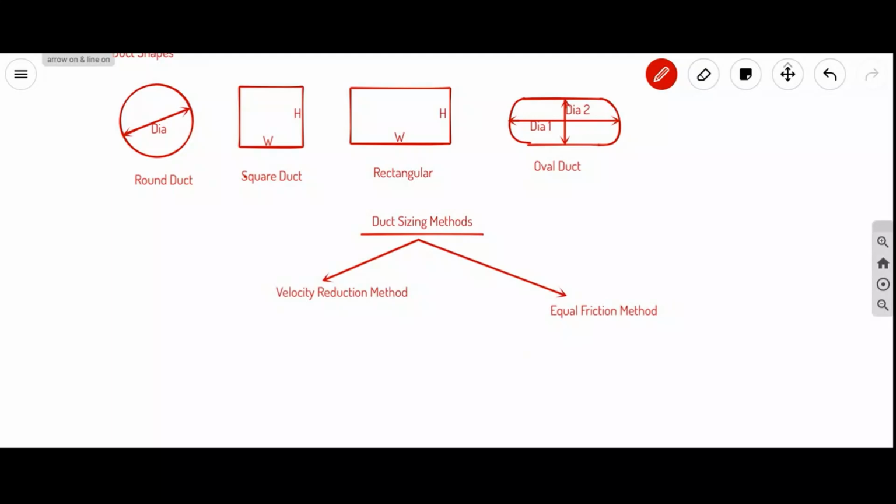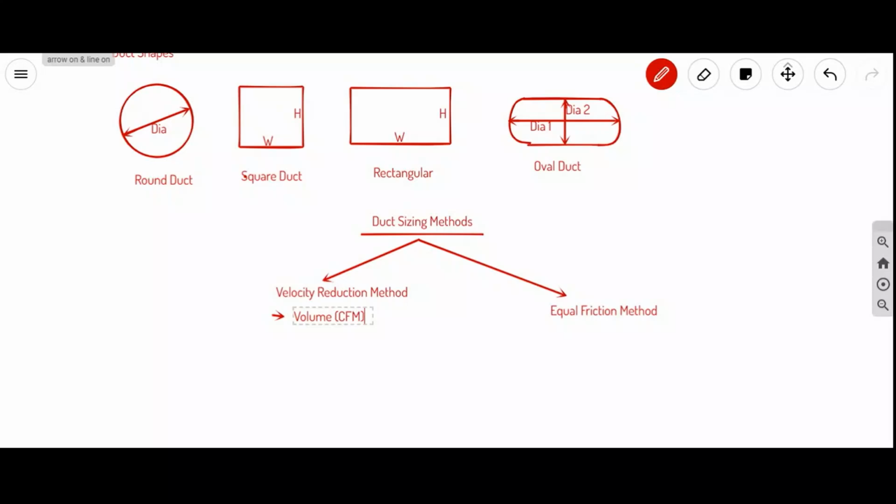To find any duct size, you need to have some parameters. To work on the velocity reduction method, you need volume, which we take in terms of CFM. CFM means cubic feet per minute.